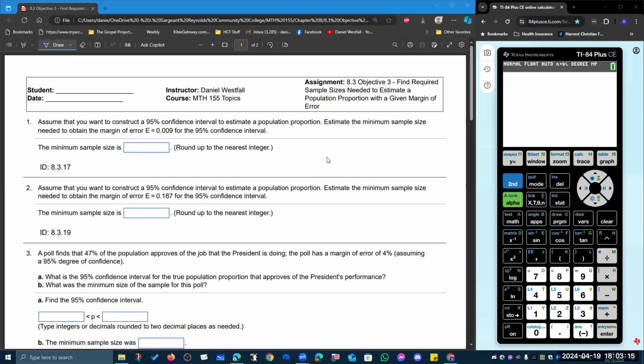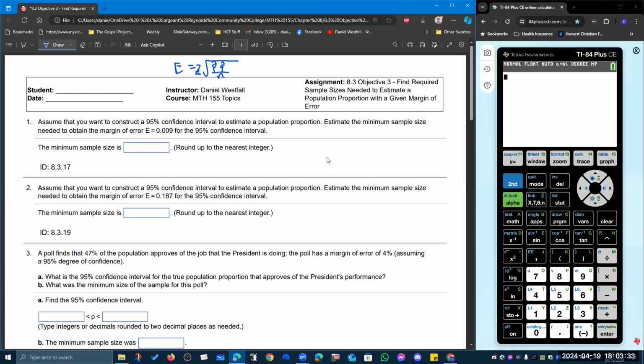So let's go back to our formula for our confidence interval, where our margin of error was our z value times the square root of p hat q hat, which is 1 minus p hat, over n.